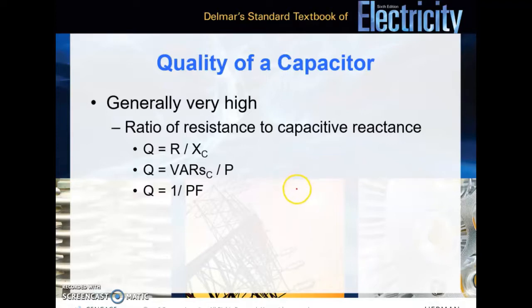That means that the resistance of the dielectric is very, very high. So if we have a very, very high resistance divided by something relatively low, a big number divided by a small number is going to yield a big number.